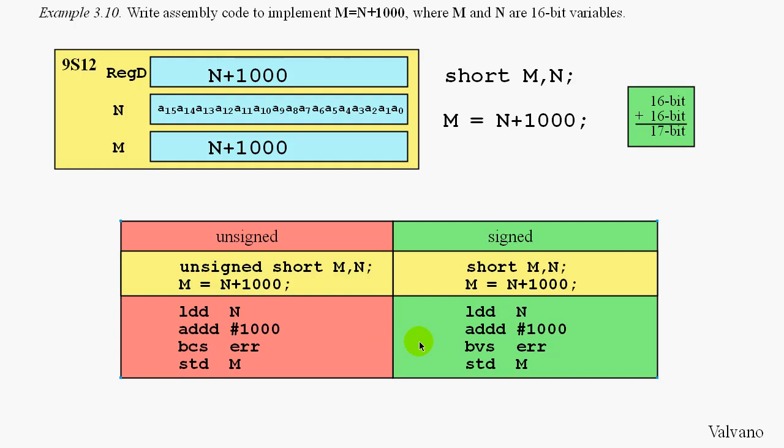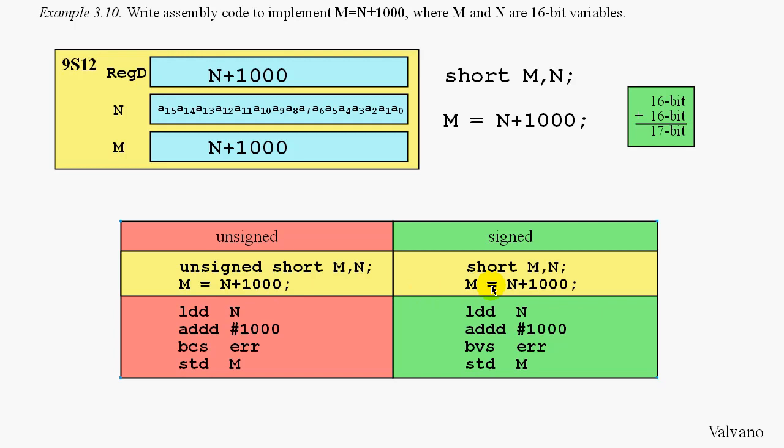Next, let's review the difference between unsigned and signed operations. In C, we had to specify the variables as unsigned using the unsigned designation. The short specified these as 16-bit variables, and this one is a signed 16-bit variable. In this example, they're unsigned 16-bit variables. But in C, the operation n plus 1000 equals m is identical, whether it's unsigned or signed.